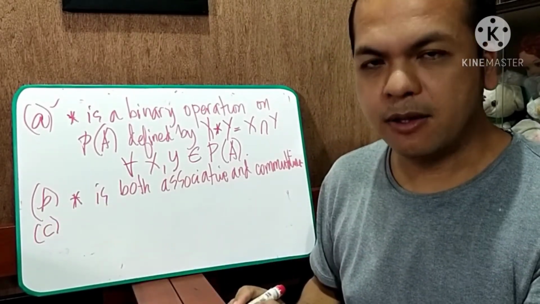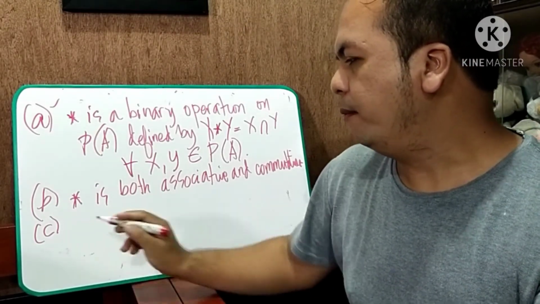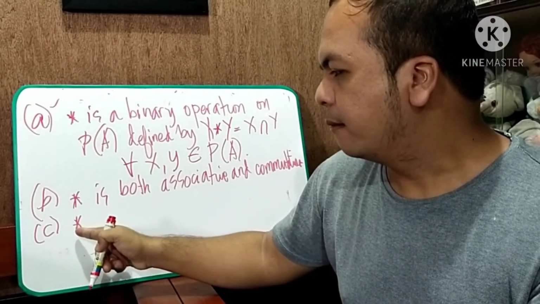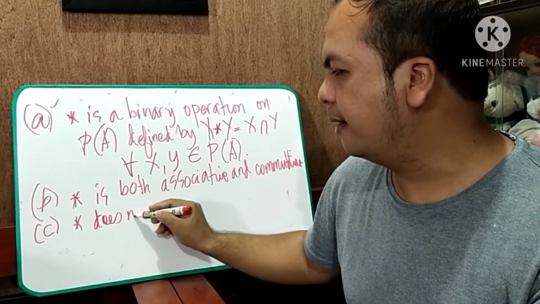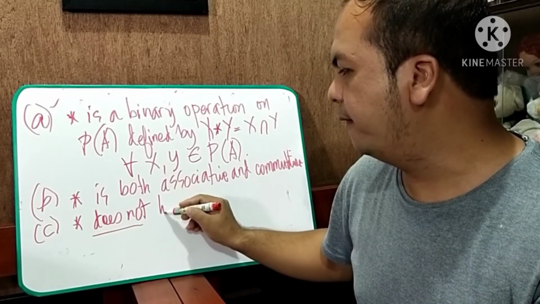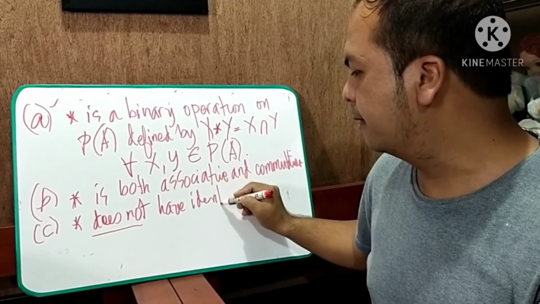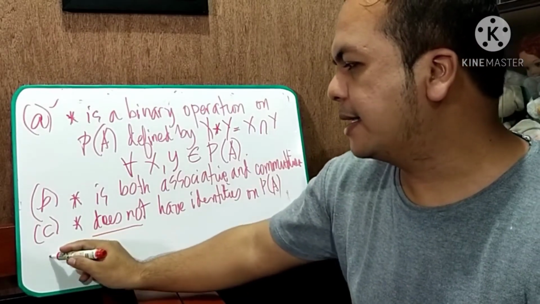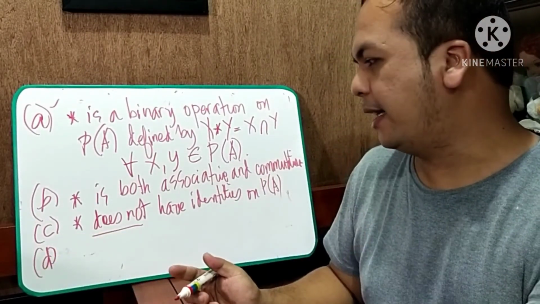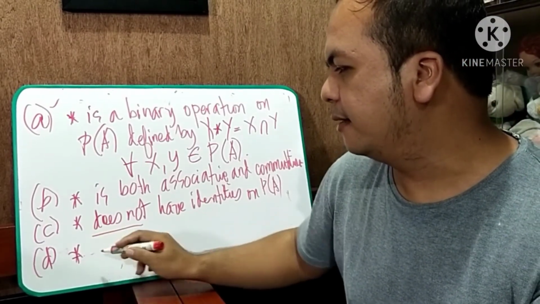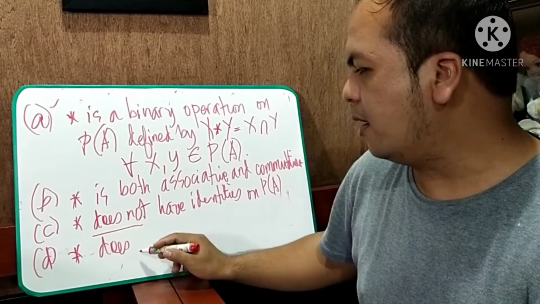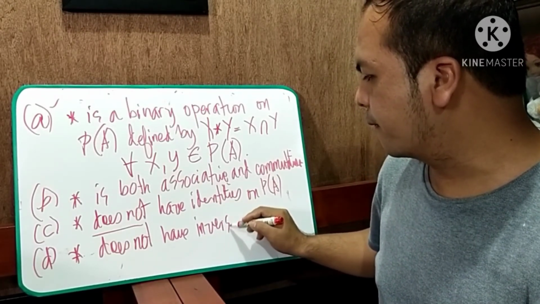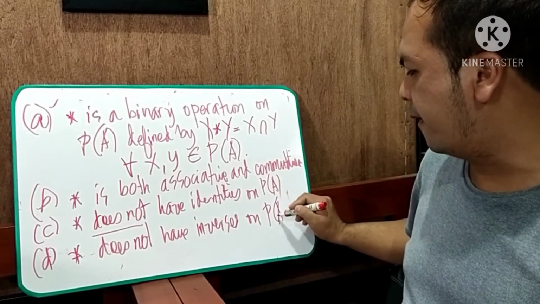Third, this binary operation star does not have identities on P of A, and since it does not have an identity, star also does not have inverses on P of A.